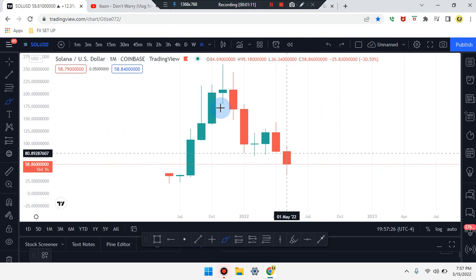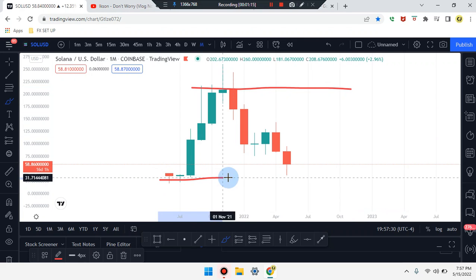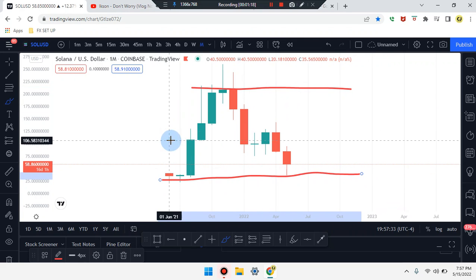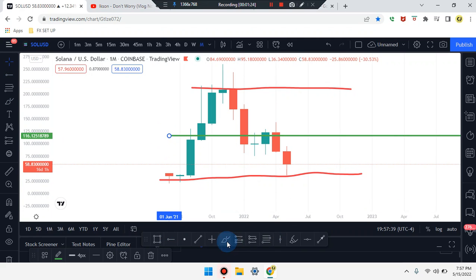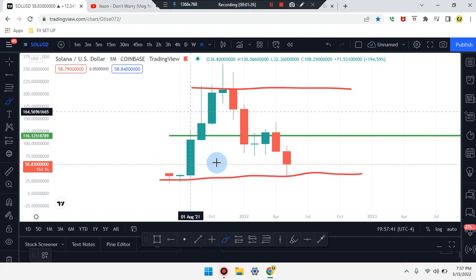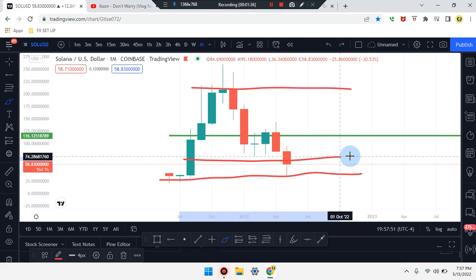So we do have price action overall, higher highs, overall lower lows. We do have that midpoint in the middle, and we do have second level lows where price currently broke the midpoint of that area.